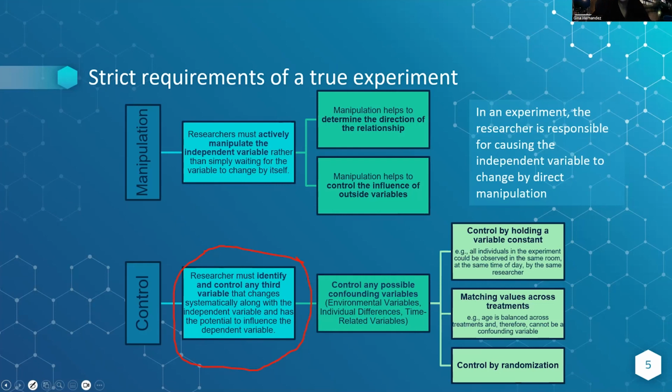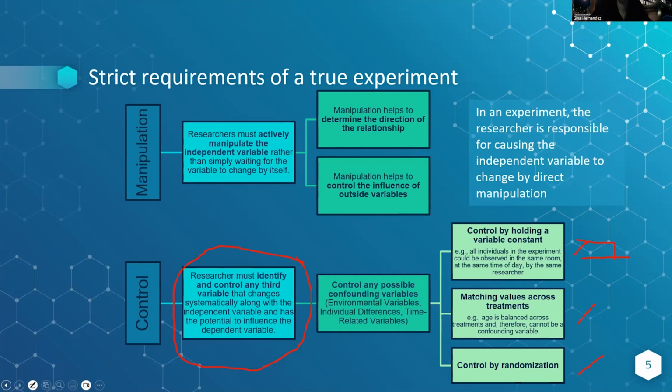There are actually three ways in designing the experiment to control for these third variables. One of them is by holding all the variables constant. As I told you before, for example, all individuals in the experiment should be observed in the same room, at the same time of the day, or by the same researcher.